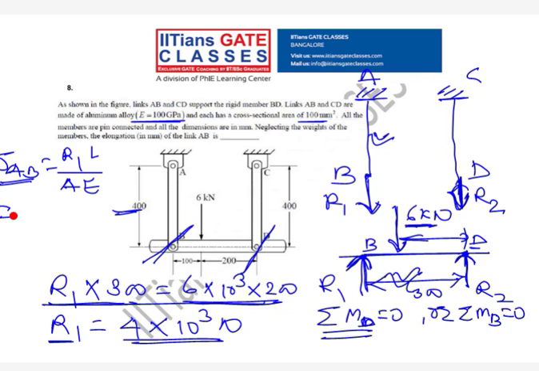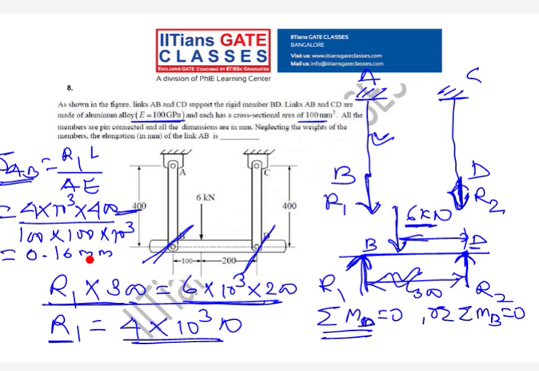So it will be 4 into 10 to the power 3 into 400 divided by area, 100 into 100 into 10 to the power 3. Okay, so you guys got 0.16 mm.